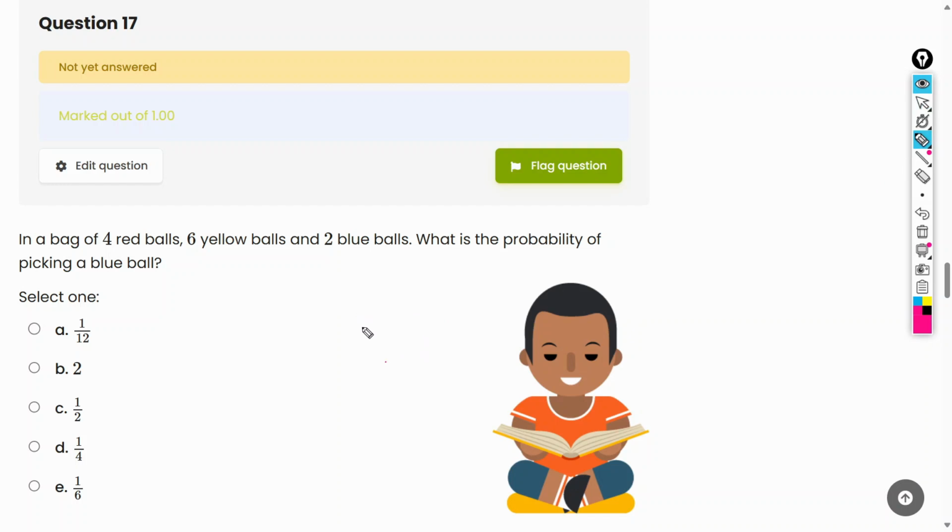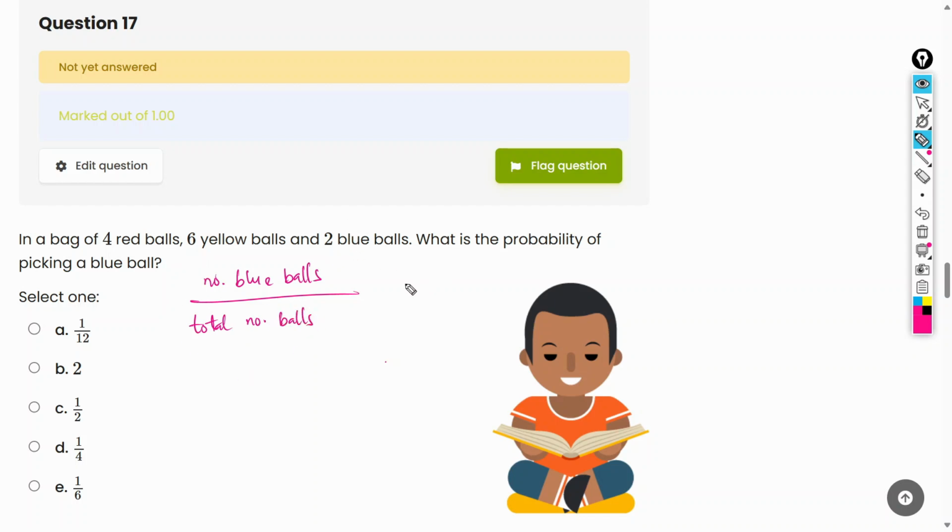In a bag of 4 red balls, 6 yellow balls, and 2 blue balls, what is the probability of picking a blue ball? The probability of picking a blue ball is simply the number of blue balls divided by the total number of balls.